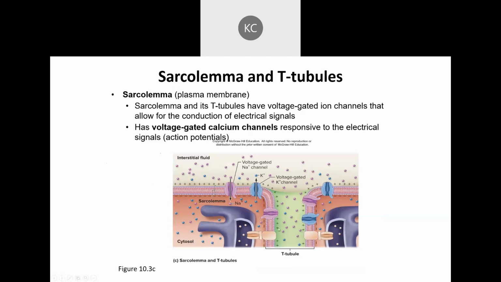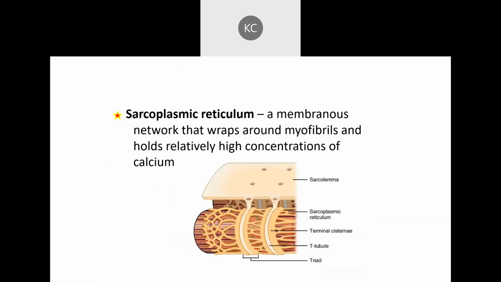So as the impulse travels down, you see that it can pass by these voltage-gated calcium channels and open them up, and these yellow dots that you see in here, this is the calcium in this structure called the sarcoplasmic reticulum that we'll look at next. So the sarcoplasmic reticulum, this word should sound somewhat familiar to you because we talked about something called the endoplasmic reticulum, all right? So this is sarcoplasmic reticulum because it's in the muscle, it's sarco. And this is essentially a modified, smooth endoplasmic reticulum.